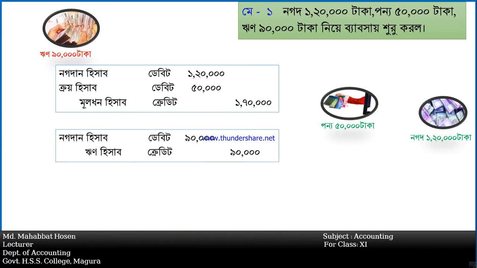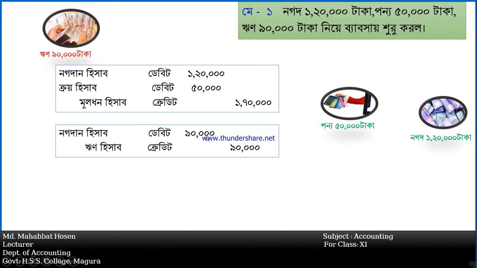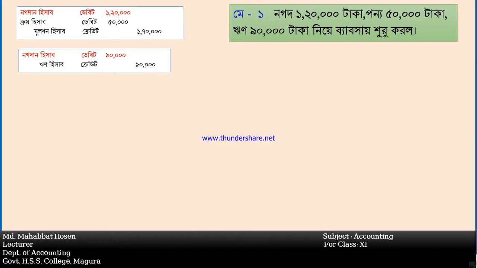This is why we write cash account debit and loan account credit 90,000. Cash 120,000 plus 90,000 means 2,10,000 combined. So we may write these two journal entries in the format of the books of journal in this way.